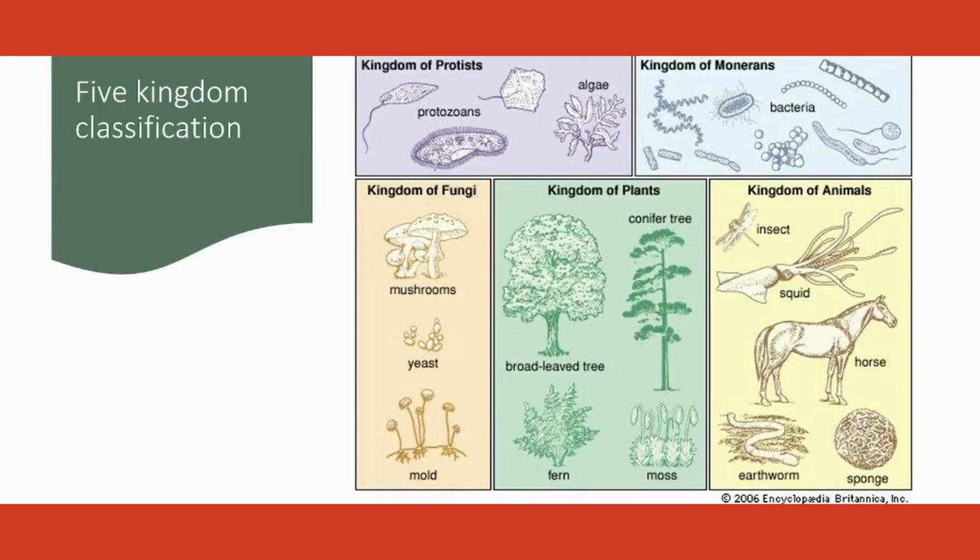Now, the major thing that you will learn in grade 11 is how organisms are classified, and for that it is very important to know the 5 kingdom classification. What does that mean? It means that all the organisms of the world can be put into 5 different kingdoms or 5 different categories. What are the names of the kingdoms or categories?